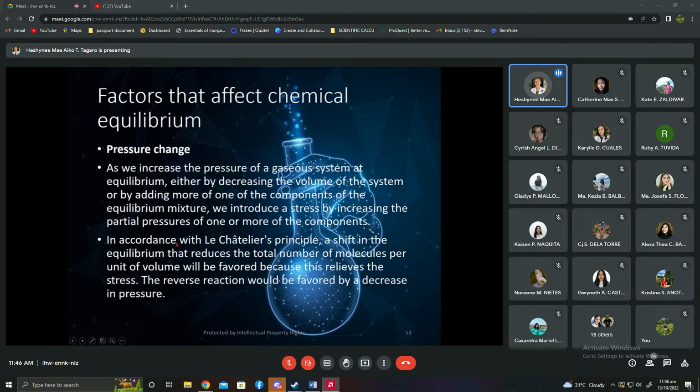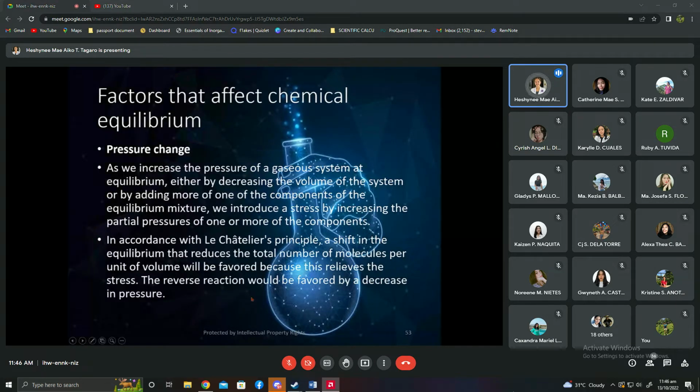In accordance with Le Chatelier's principle, a shift in the equilibrium that reduces the total number of molecules per unit of volume will be favored because this relieves the stress. The reverse reaction would be favored by a decrease in pressure. Take note, guys.